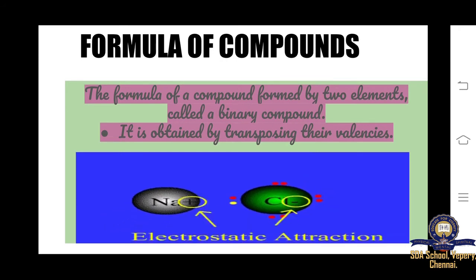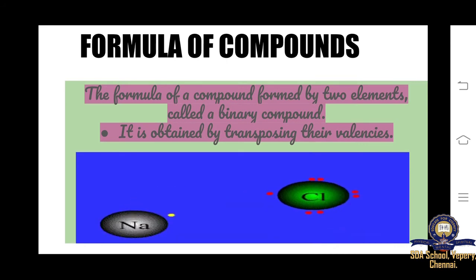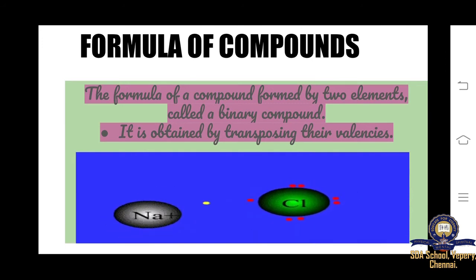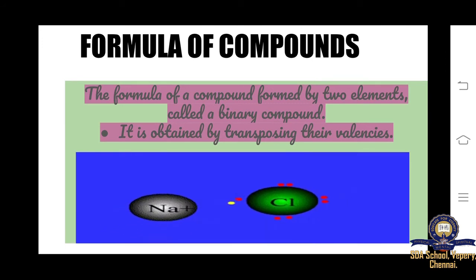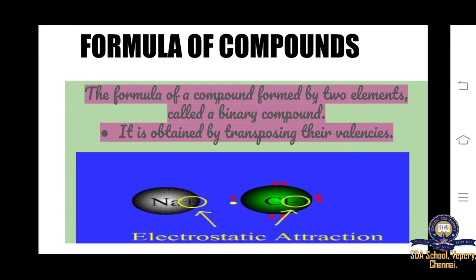So positive and negative, they are attracted towards each other. This attraction we can call electrostatic attraction. So based on the different atoms, they are exchanging the electrons present in them. They are making a bond, so transposing their valency.